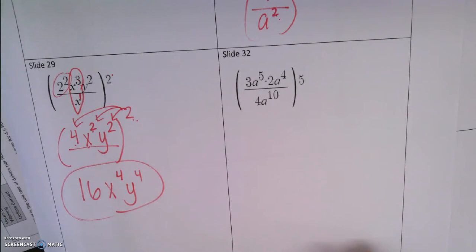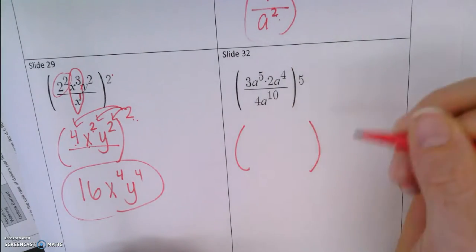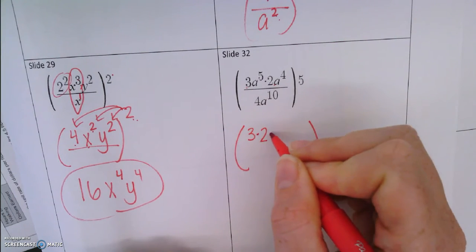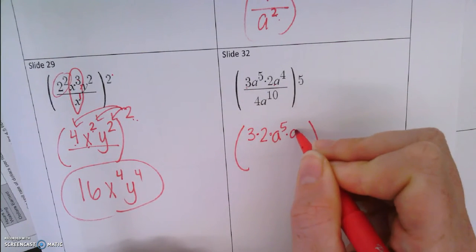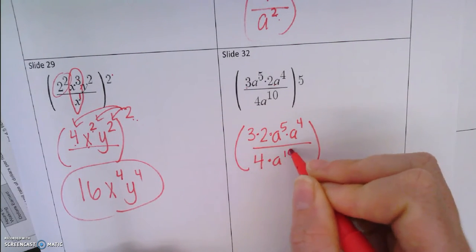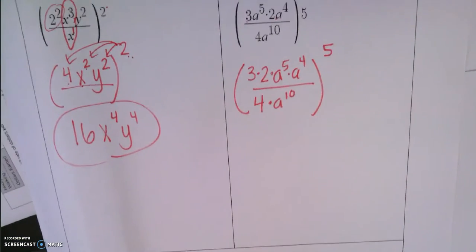Again, I'm going to simplify on the inside first to make my life slightly easier. I'm going to use the commutative property of multiplication, move around my common factors. 3 times 2 times a to the 5th times a to the 4th, all over 4 times a to the 10th, all to the 5th power. When I'm looking at this, I'm going to continue simplifying.